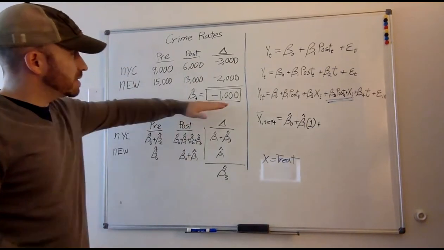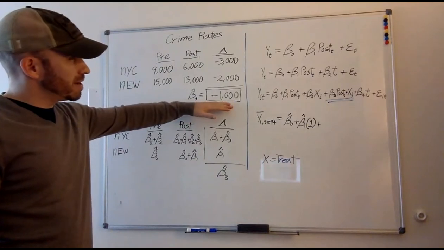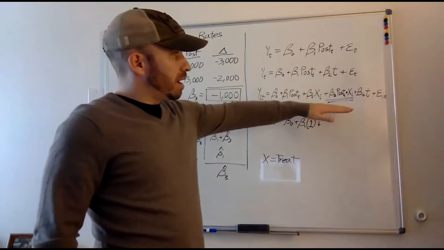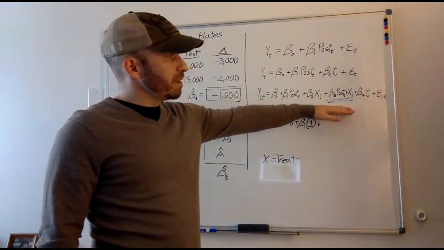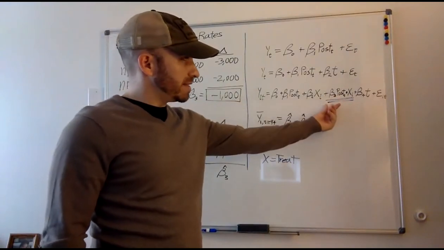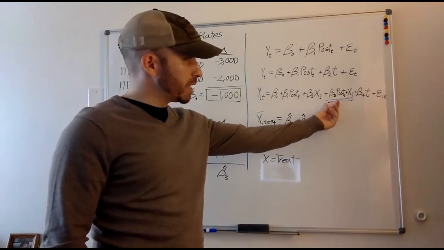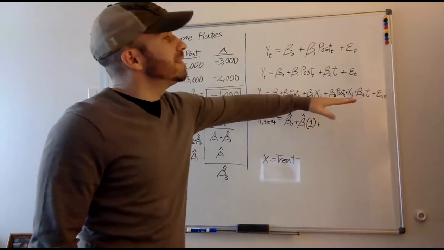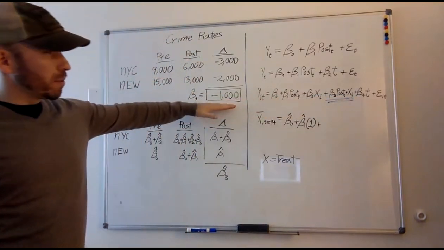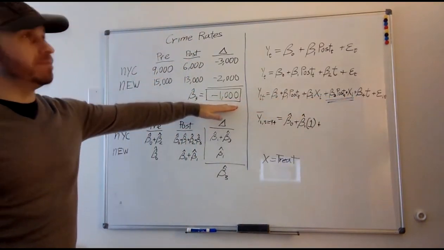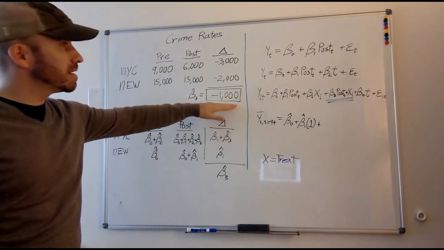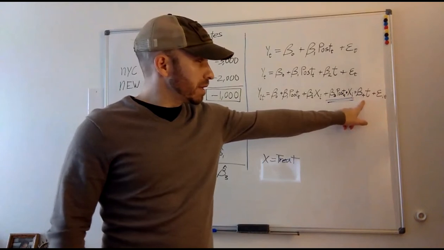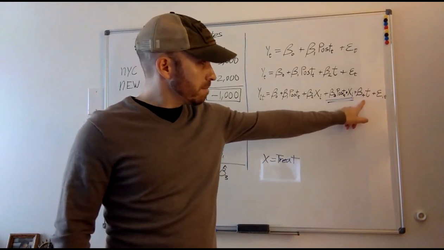All right, so this estimation here is just an extremely simple regression equation, an estimate of beta 3 in this equation. And this particular equation is slightly more complex because it has added a time trend by including beta 4.